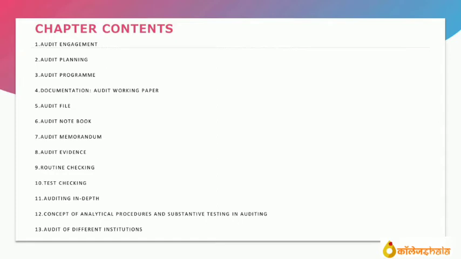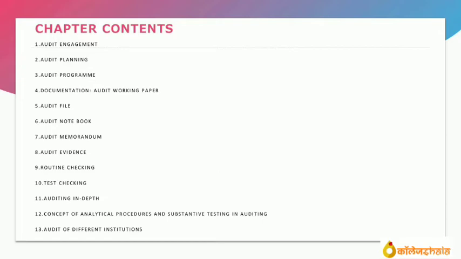We'll see if there is any discrepancy or not, and if there is any kind of problem, it will be made known to the management and proper steps will be taken. So audit is nothing but a process of further investigation to search for the truth of the financial statements.